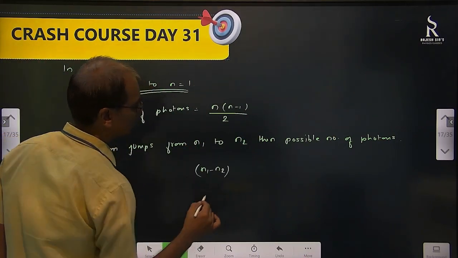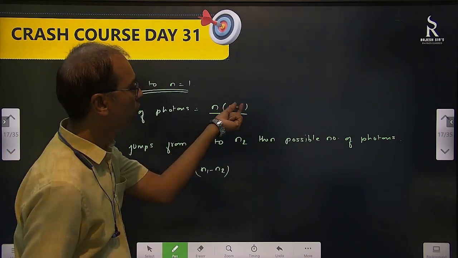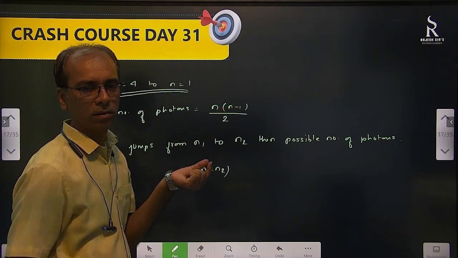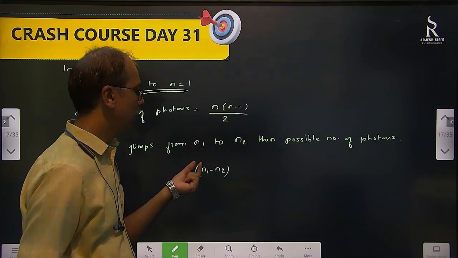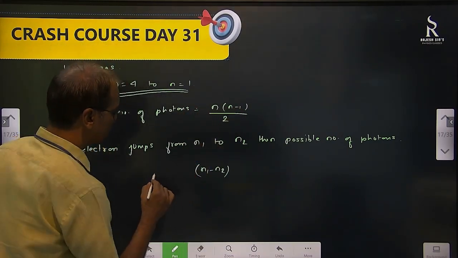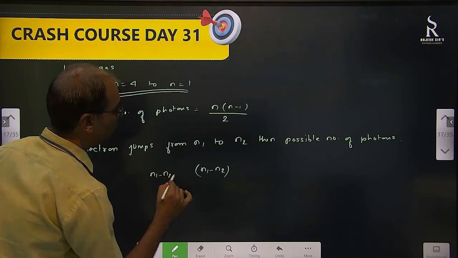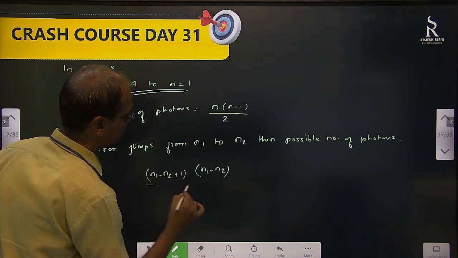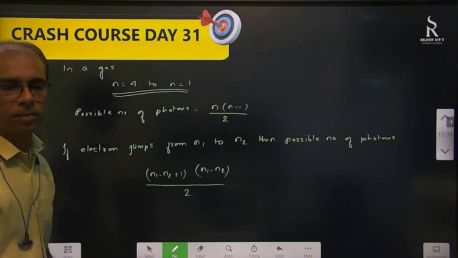Just like here it is n minus 1, from n to 1 it is jumping. So here I am writing n1 to n2, and here n. So that means this is n1 minus n2 plus 1. This is how you can remember.